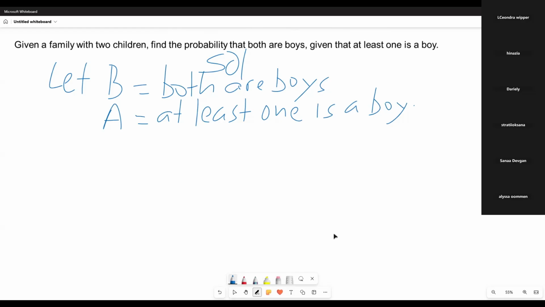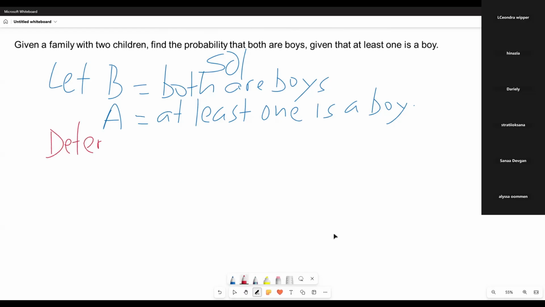Now, as you know, anytime they have to find the probability here, you need to find the sample space. Now, can someone tell me how many outcomes would you expect in the sample space? Two.